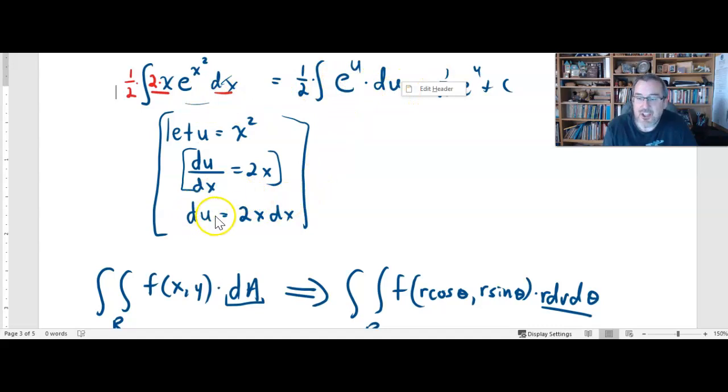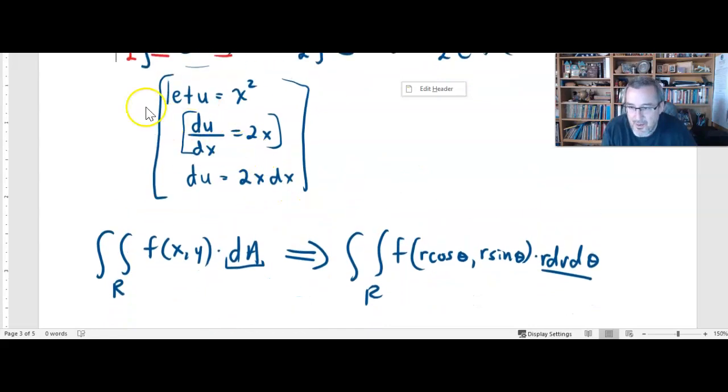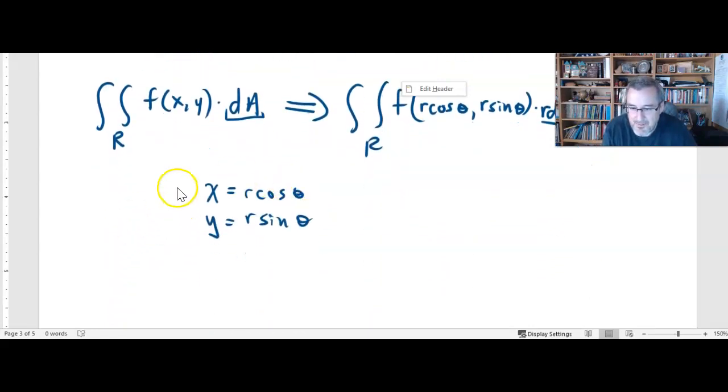It's, du is 2x dx. Kind of like r dr d theta, 2x dx. That's the relationship. So likewise down here, we have to take some derivatives. But it's a multivariable function. x is a function of r and theta. So we're going to need a partial derivative with respect to r. We're going to need a partial derivative with respect to theta.